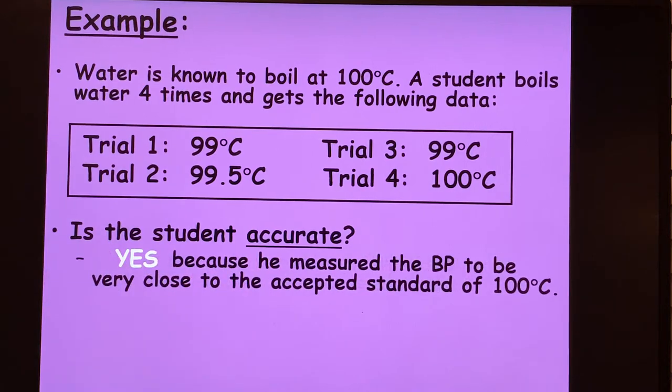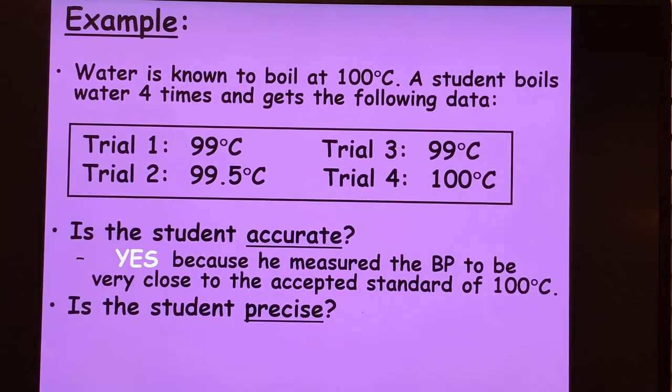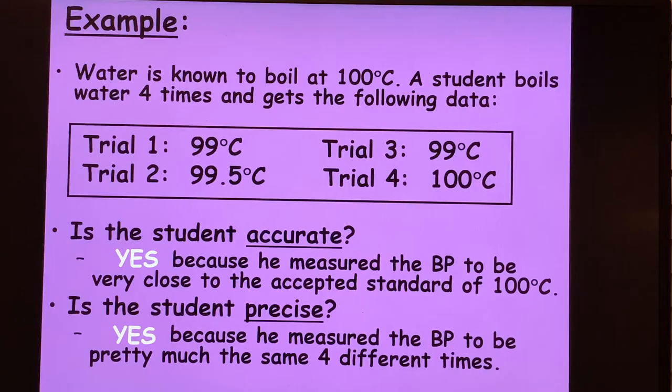Because he measured the boiling point to be very close to the accepted value of 100 degrees Celsius. But is the student precise? And again, based upon that first slide, you have to say yes, because he measured the boiling point to be pretty much the same 4 different times. So you've got now a precise instrument as well as an accurate instrument.